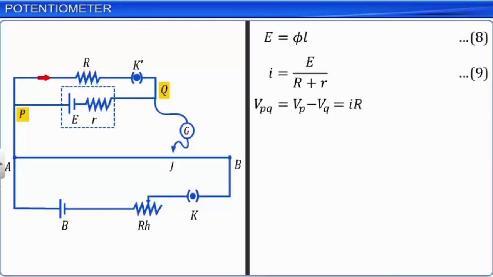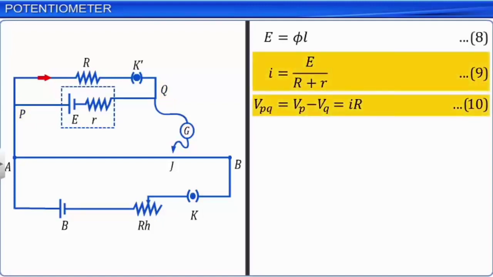Let this be equation 10. Substituting the expression for I from equation 9 in equation 10 and simplifying, we get VPQ is equal to E by R plus r into R. Let this be equation 11.